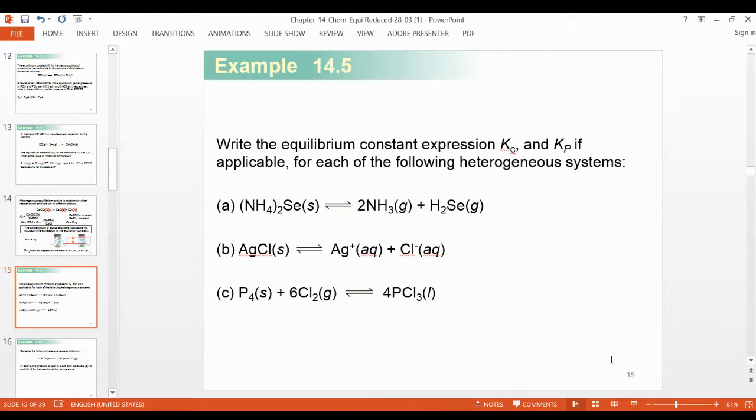Clear? Yes. The second one is only Kc. And the third one is Kc and Kp. So this is how to write Kc and Kp, and you should know that.